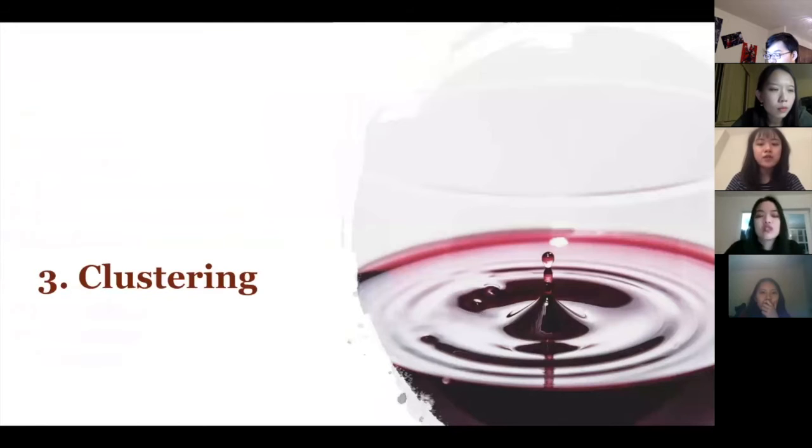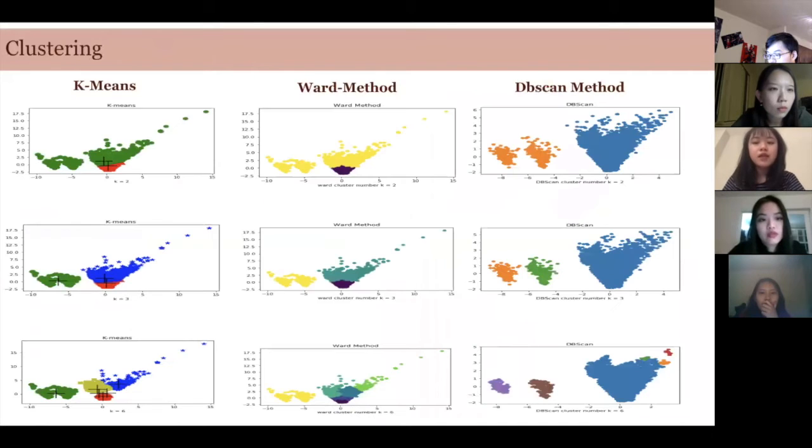Next, I will talk about the clustering. In the cluster analysis, we chose three attributes that may play an important role in wine quality: wine price, AQI, and the production year of the wine. We used the K-means method, Ward method, and the DBSCAN method to do the analysis, and set the cluster numbers as 2, 3, and 6.